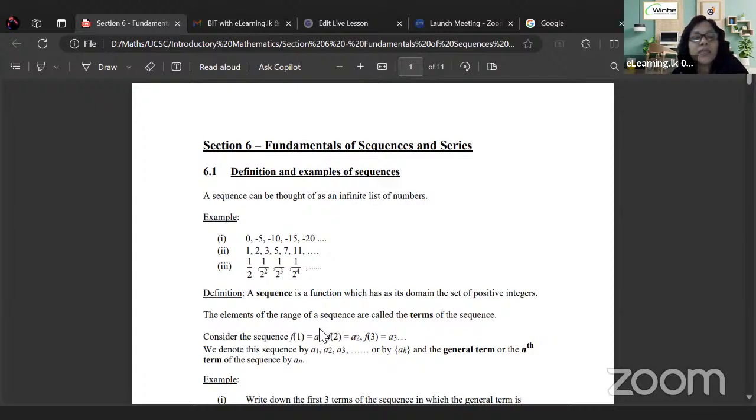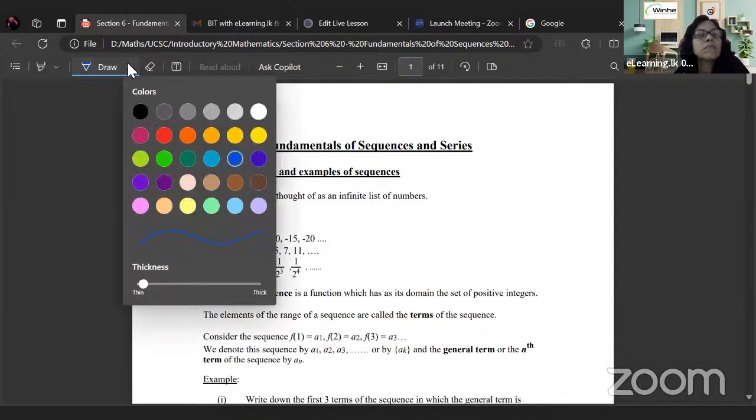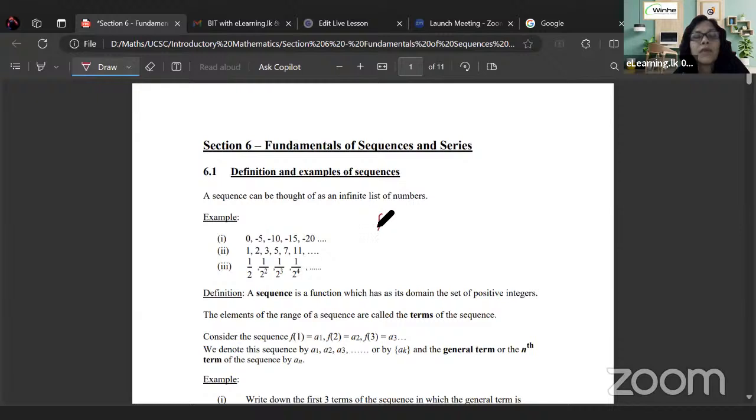If you describe the sequence with F notation, as a function, you can display it as f(x).